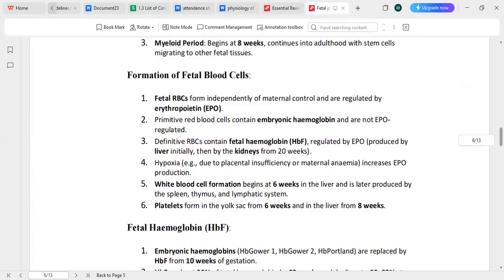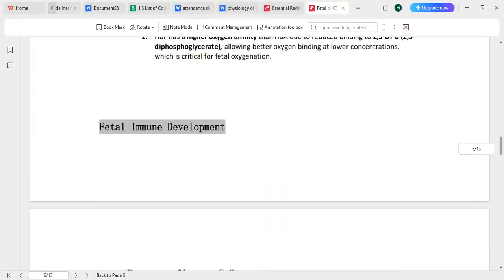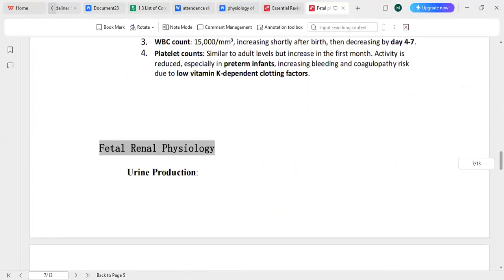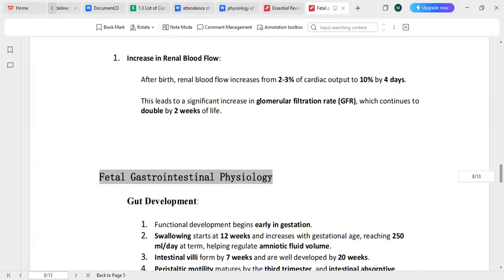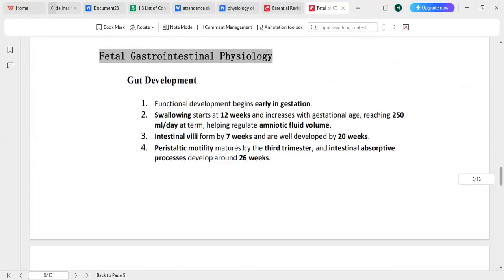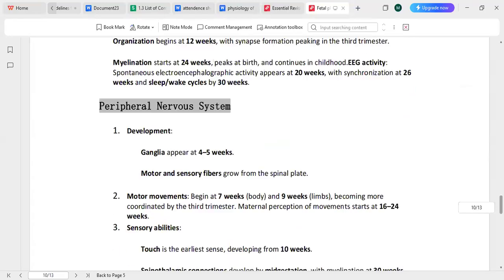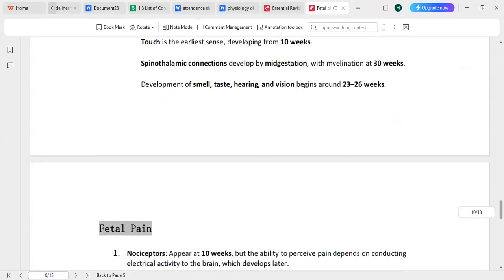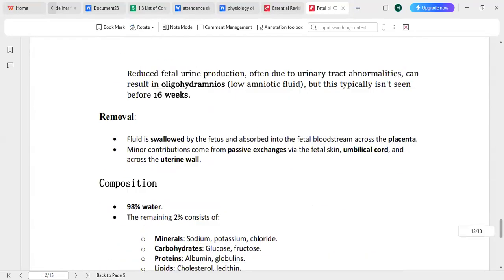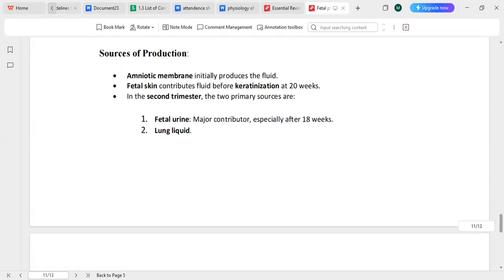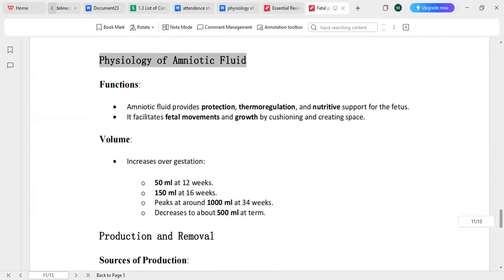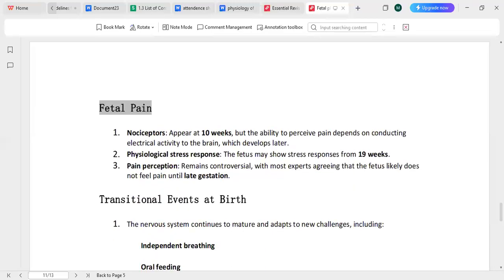We also have fetal hematology, immune development, renal physiology, which is very important, gastrointestinal physiology, another very important one, then nervous system physiology, physiology of amniotic fluid, and fetal pain. All these things are given in this file.